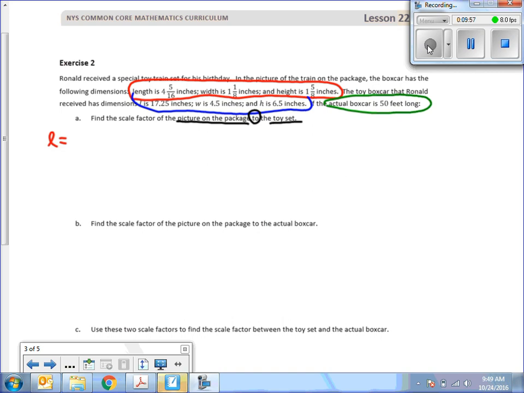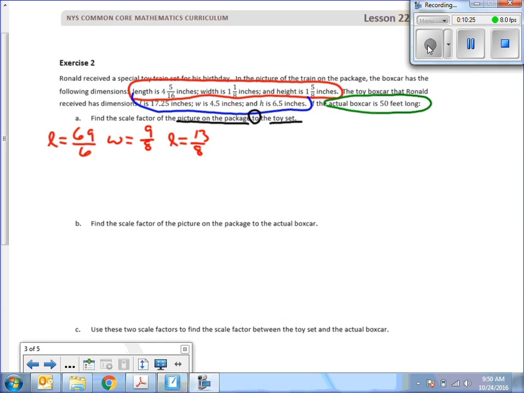So 4 and 5/16 is the same as 16 times 4, which is 64, plus 5, which is 69 over 16. So there's the improper fraction length. The width is going to be 8 times 1 plus 1, which is 9 over 8. 1 and 1/8 is 9/8. And the height of the picture is 8 times 1, which is 8, plus 5 is 13/8.